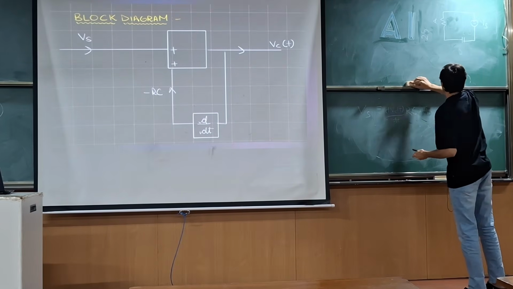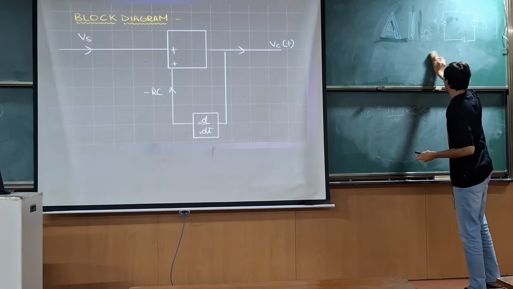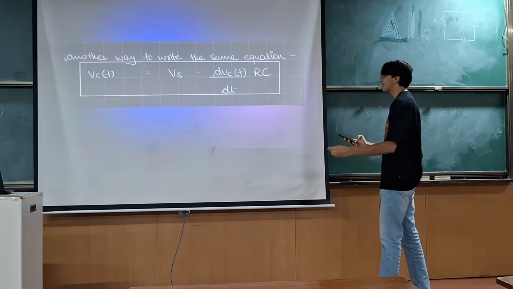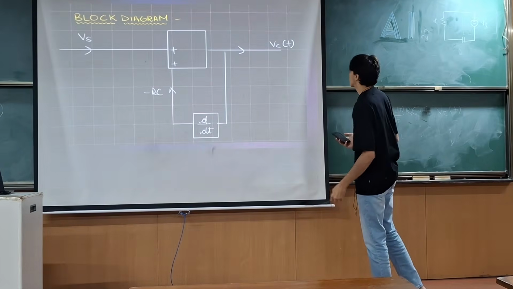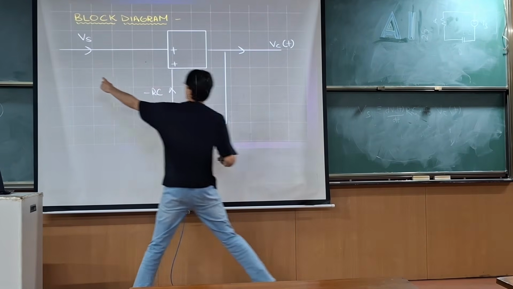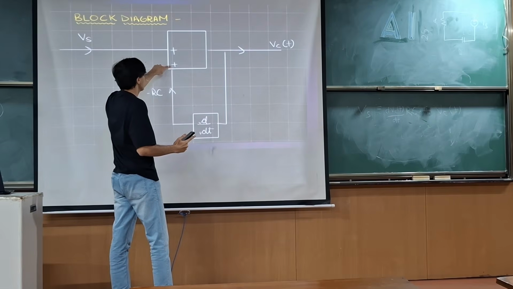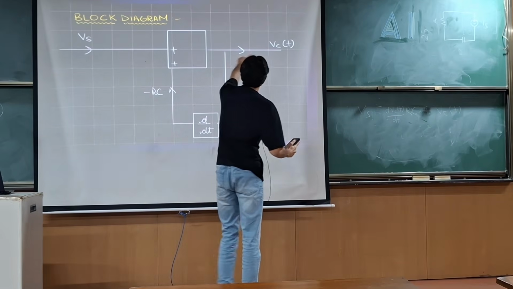So let's continue. The same equation that we wrote, you can write as a block diagram. This diagram says that I give an input Vs, there is an addition operation happening here, and I get an output Vc.